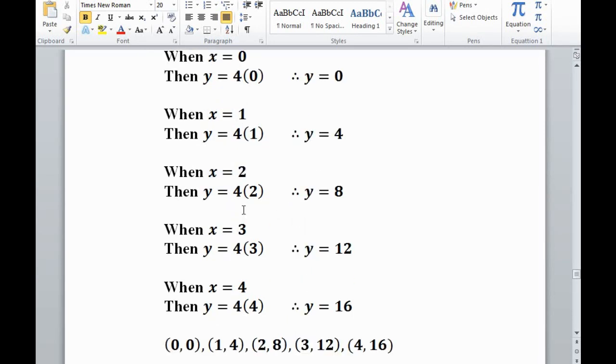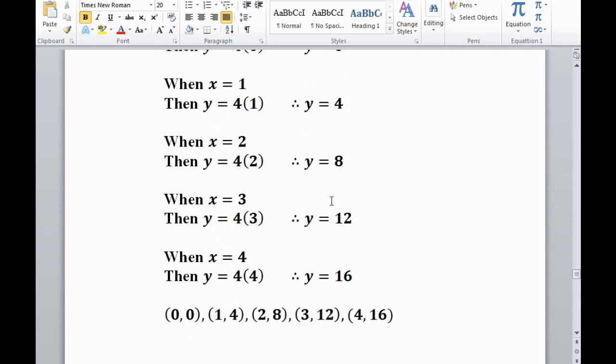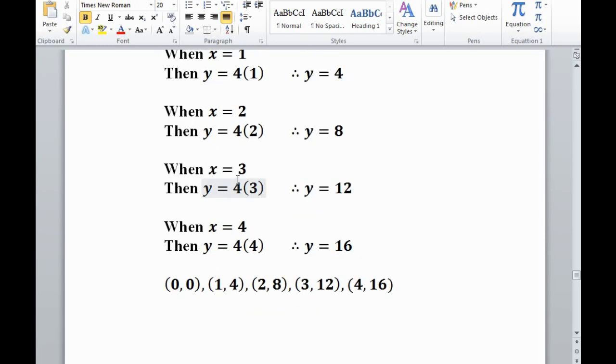The third value for x is 2. When x is equal to 2, which is the input, the output y is 8. By putting this value in the equation, y equals 4, the value of constant k, multiplied by 2, the value of x, and their product 4 times 2 equals 8. Same as, I'm going to take another value for x, which is 3.